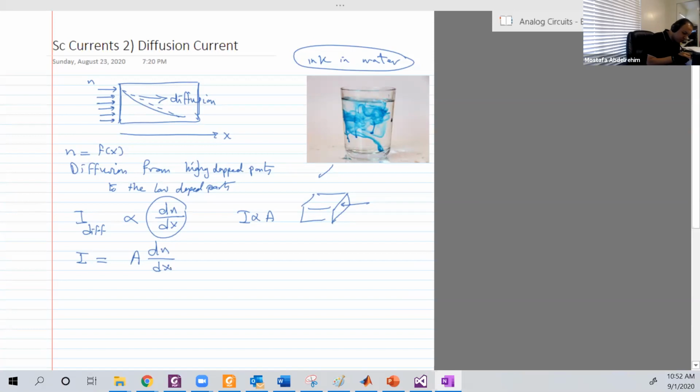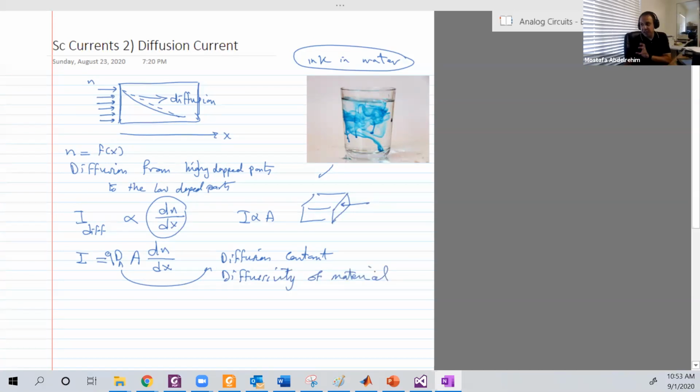And we also need to put the charge Q. And we need a proportionality constant, which in this case we call DN, the diffusion constant, something like the mobility, mu n and mu b. Sometimes you call it diffusivity of the material. It relates to the material. Each material has its own DN. And in this case, it's IN.